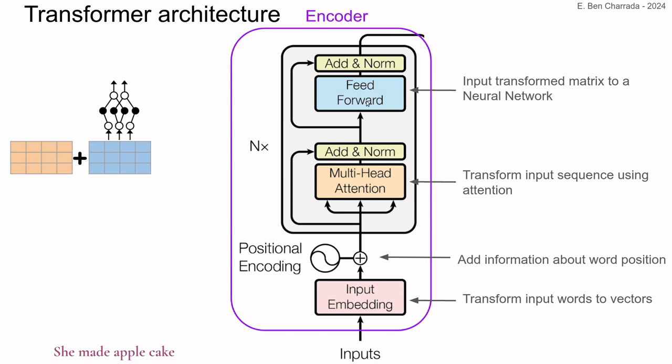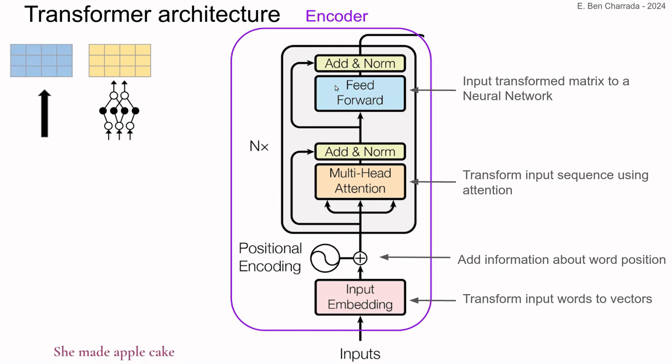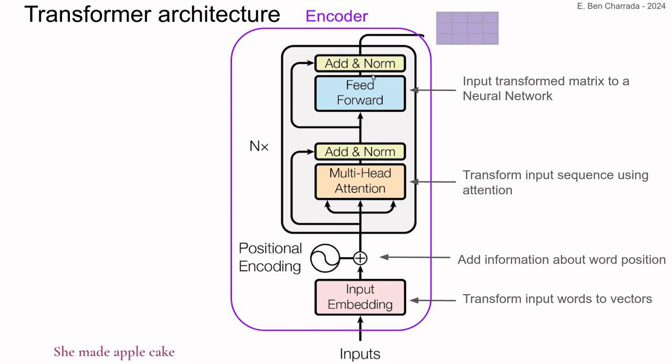This is just a simple feed-forward neural network, and to the result we add a copy of what we had before entering the neural network. So we do an addition, and what we get here is the output of the encoder, which will go to the decoder. And actually the decoder is also very similar to the encoder. The only difference is masking, and hopefully I will make another video about masking.